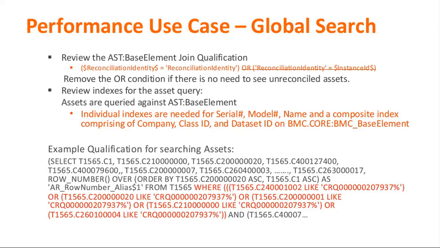As I said, when we search for assets, we make a search on the AST-based element, and we search on the serial number, model, and name by default if tag number and CIID are turned off. So this is what the qualification looks like.